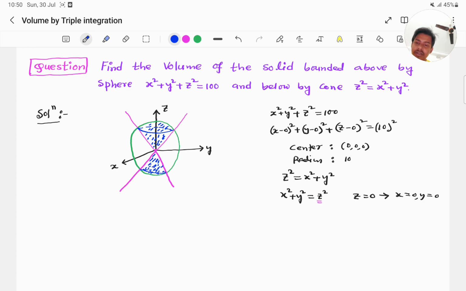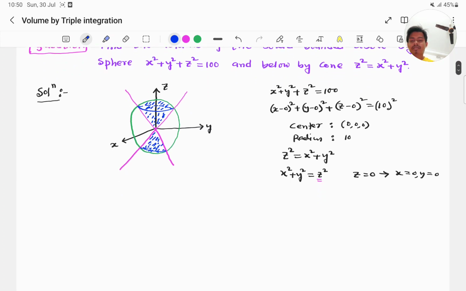So we focus only on the upper part. To calculate the volume of this upper part, we take the help of triple integral. Let me call this solid D.